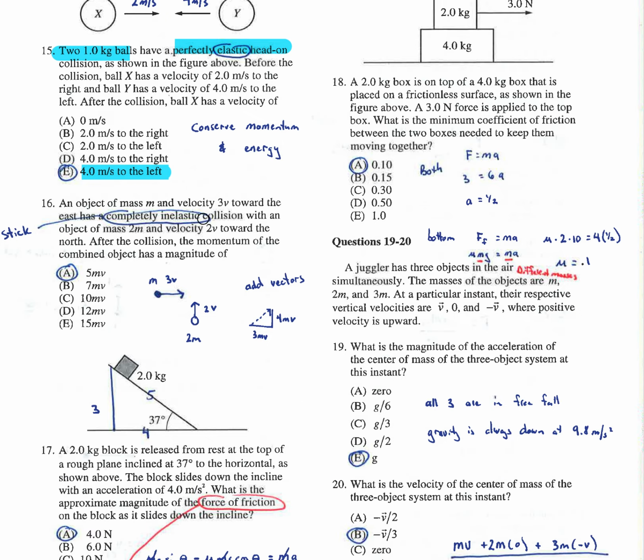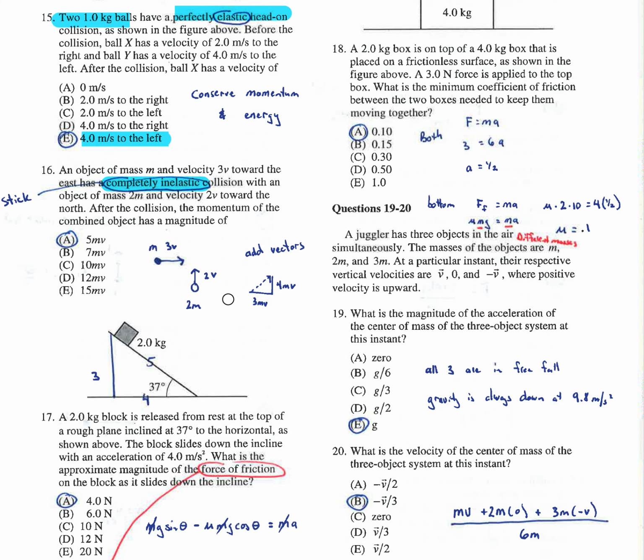Okay, here's a different collision. This is completely inelastic, and that means the objects stick together. And so this is the idea that momentum must be a vector. Again, they're not asking for velocity, they're asking for momentum. The momentum originally, that guy is 3 mv to the right, and this is 4 mv up.